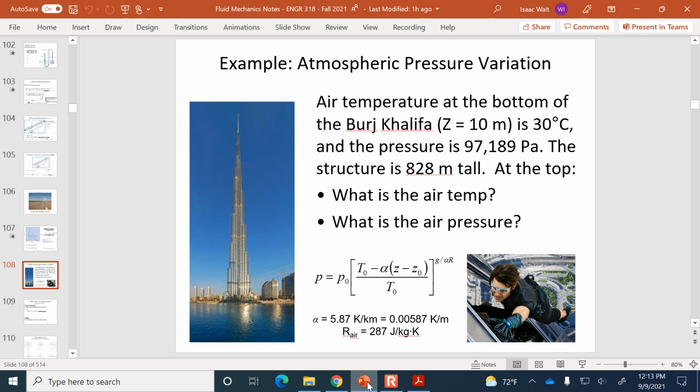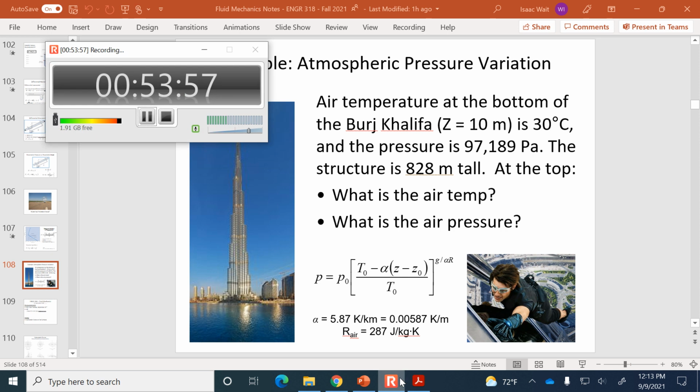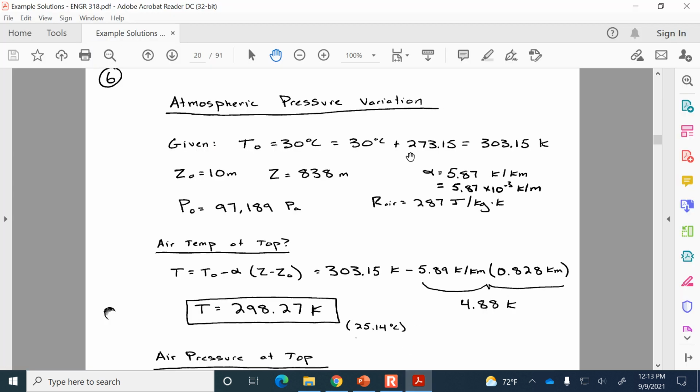when we're working in gas problems, it's best to convert temperatures over to Kelvin. Let's convert that given temperature of 30 degrees Celsius to Kelvin. So it's 303.15 Kelvin.